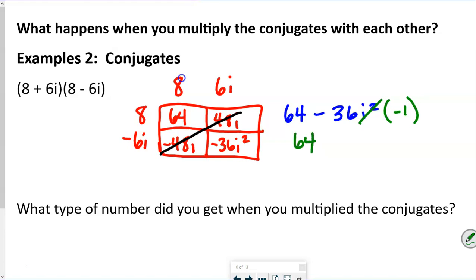And then if we multiply negative 36 times a negative 1, isn't that going to be positive 36? It is. And 64 plus 36 is 100, okay? So what type of number did you get when you multiplied the conjugates? Yep, it's a real number, right? It's not an imaginary number, it's a real number, okay?